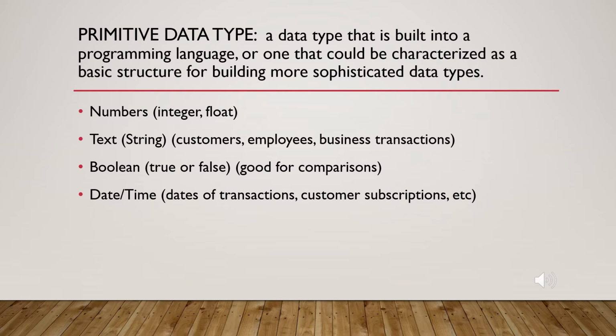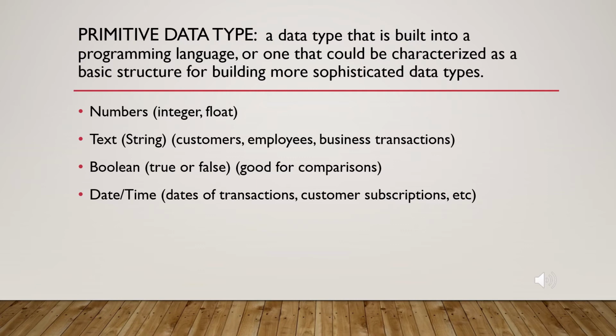Strings, you're going to need information about your customers, information about your products, information about your employees, and strings can handle that. And the Boolean, true or false, it could be specific questions that a business could ask about customers or employees that doesn't need intensive information, just yes or no, true or false.